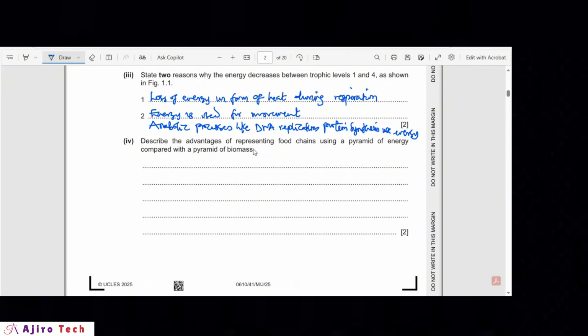For us to describe the advantages of representing food chains using a pyramid of energy compared with a pyramid of biomass.